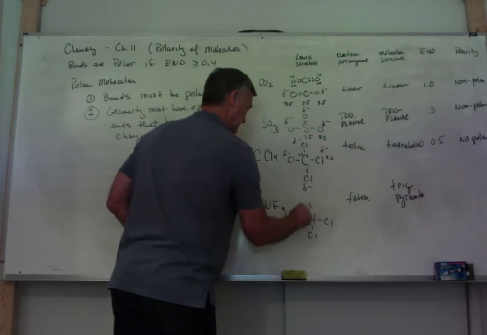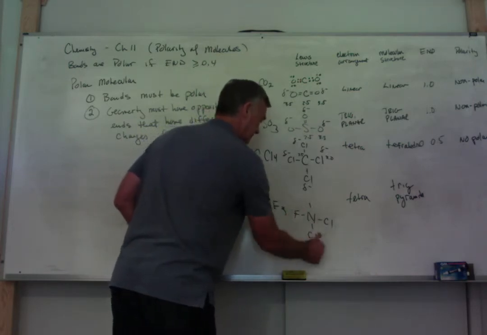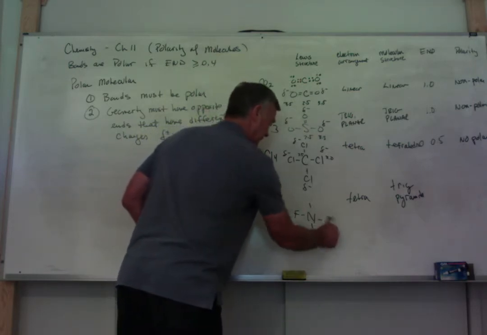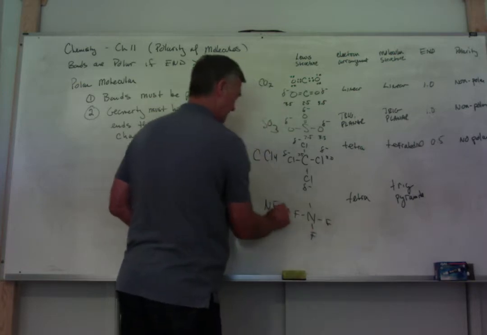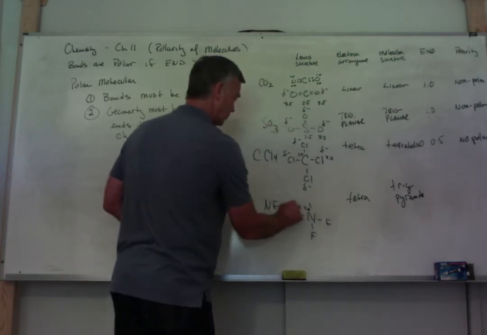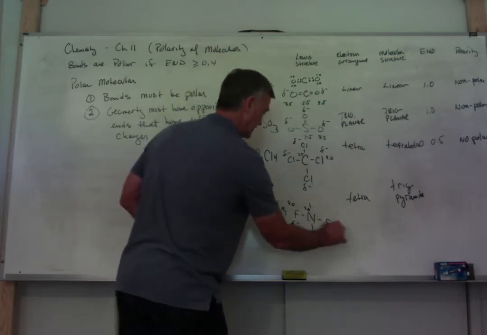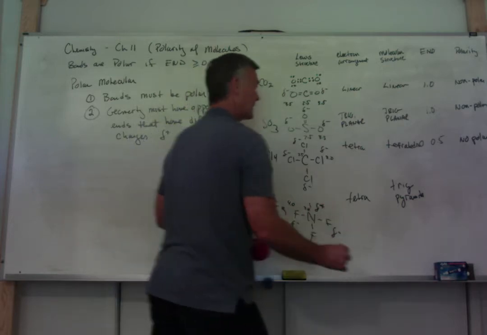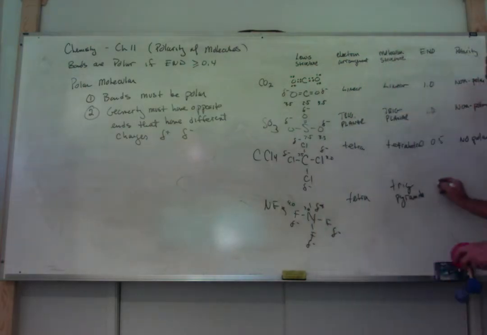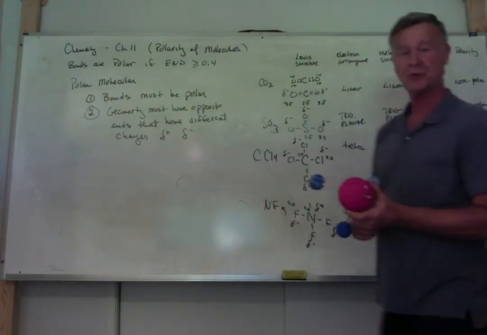NF3, make this F, F, and F. This is 3.0 and 4.0, so this is partially negative, partially negative, partially negative, partially positive. And as a result, we have an electronegativity difference of 1.0.